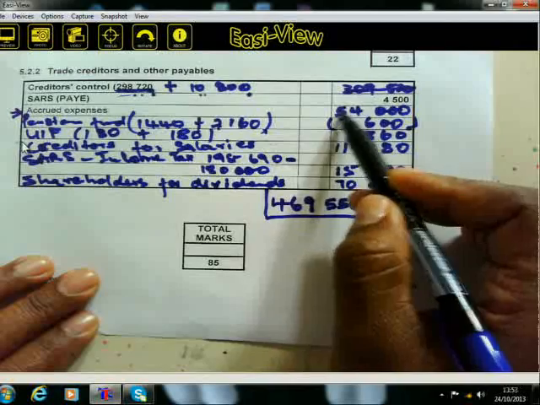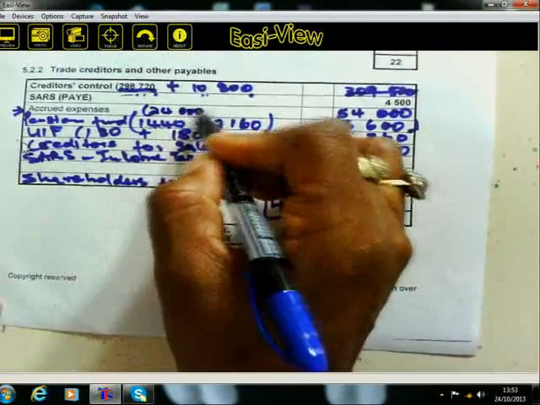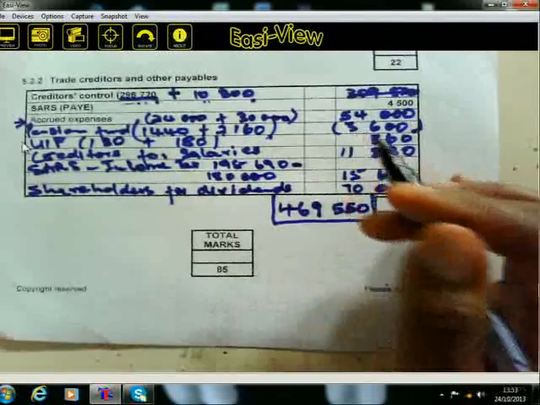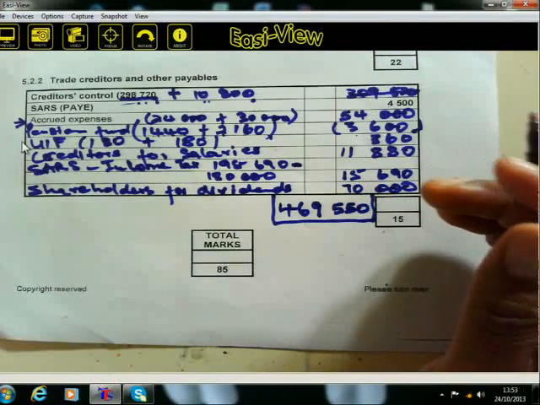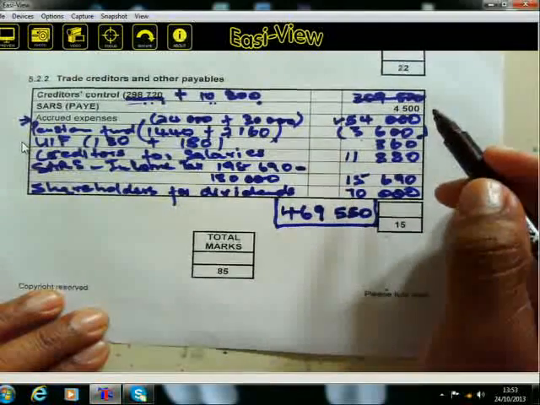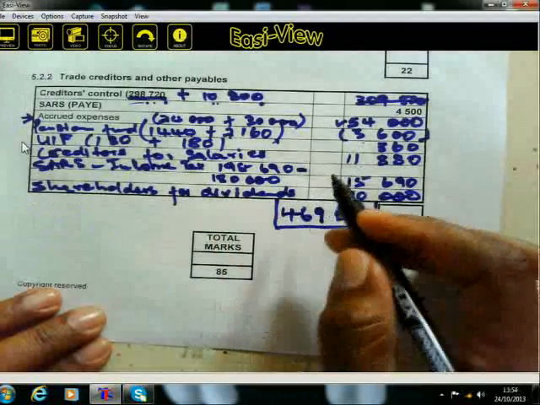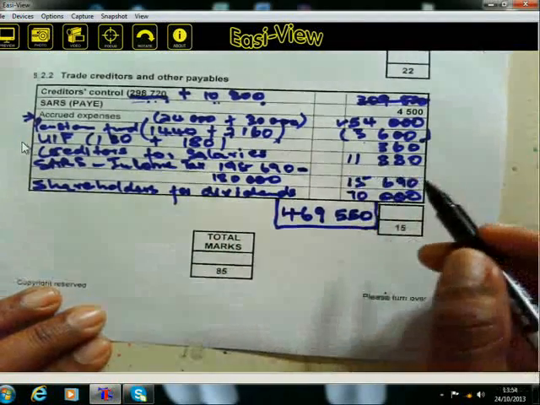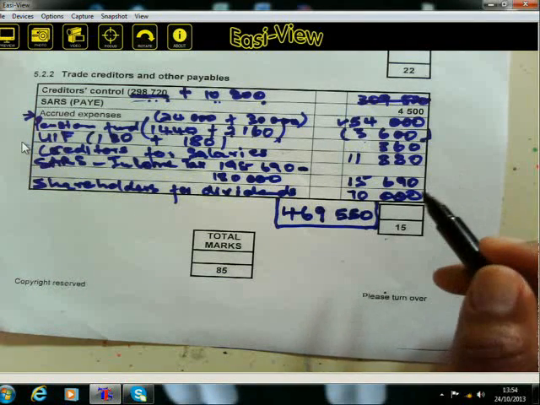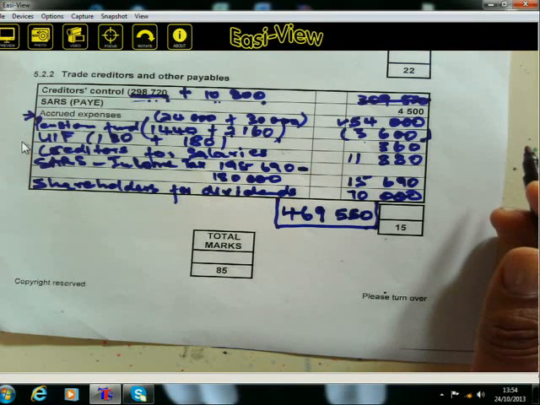Okay, with accrued, you remember it was 24,000 plus 30,000. The part marks are important because they will at least advantage us. If maybe we didn't get this right, at least we know that by indicating the amount, somewhere, somehow, a mark will be allocated. So that's how we expect you to do the trade creditors and other payables.